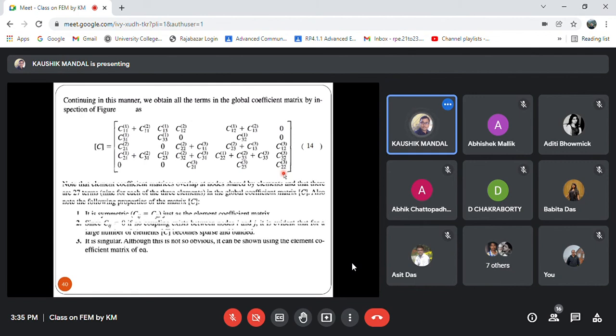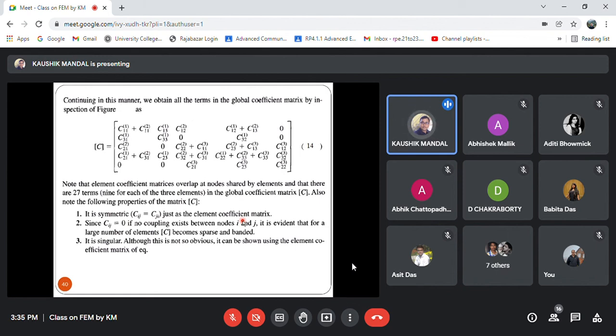Now we can consider these properties of the global coefficient matrix. It will be symmetric, that is C of ij equal to C of ji, and C of ij equal to 0 if there is no coupling between i and j, as we have seen that C of 2, 3, C of 3, 2, that was 0 because there was no direct connection between 2 and 3.